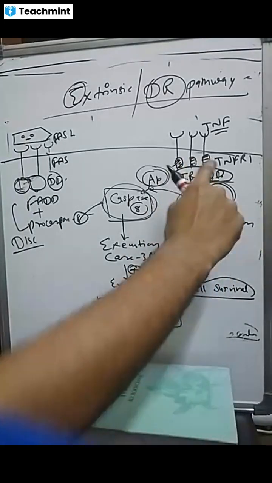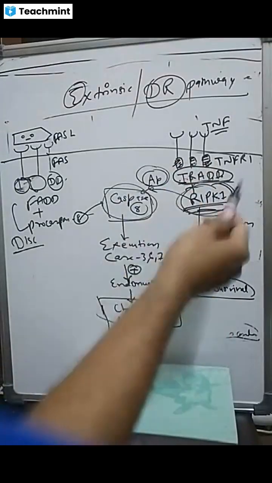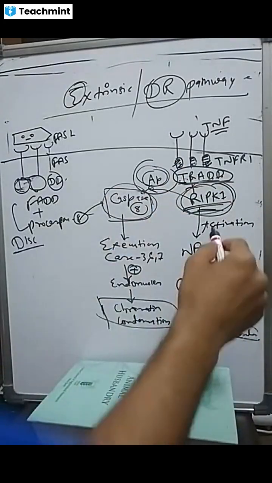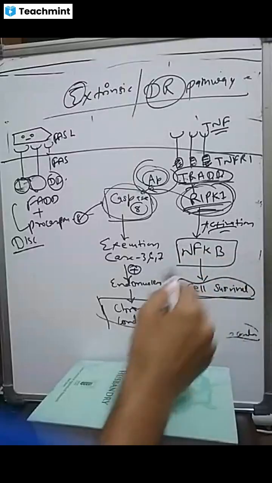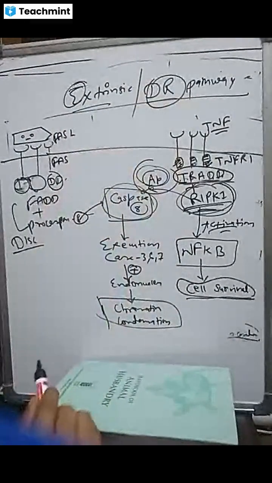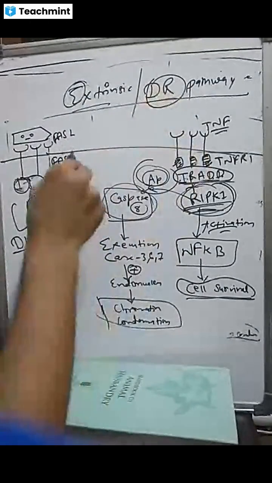So this RIPK1 is a special molecule. It associates with these TNF receptor associated death domains, and it may drive this pathway toward apoptosis or toward cell survival via activation of this molecule NFKB. So in the extrinsic pathway, death receptors are there, and these death receptors may be your Fas and TNF receptor 1, and these are their ligands. They combine and form a trimer.